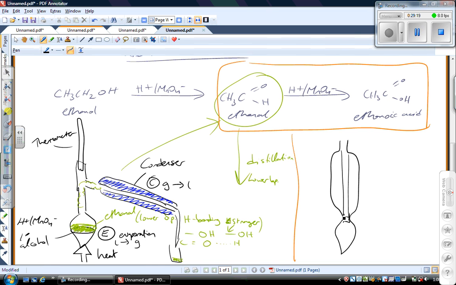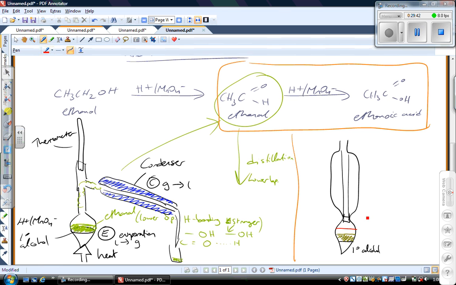In this case, you're going to have a mixture of three different things now. You're going to have some of the primary alcohol, which may not have reacted. You're going to have your aldehyde, which is still in green. And then we'll use red for the carboxylic acid, so you'll have some carboxylic acid forming here.